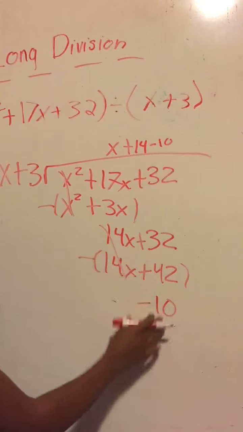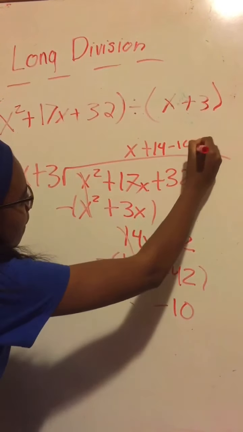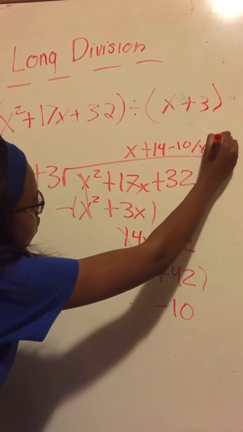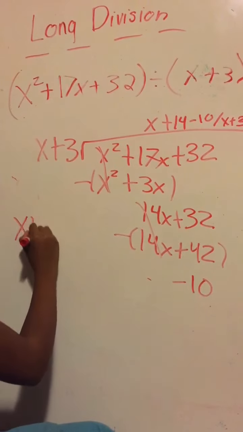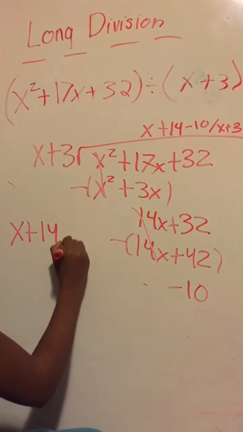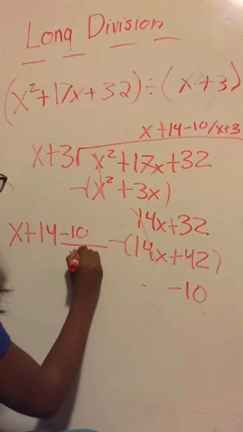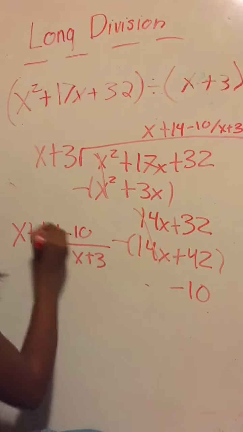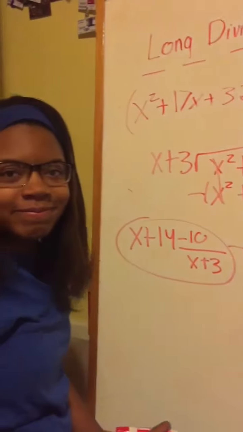And that's your remainder, so you're going to put it on top of the x plus 3. And your answer is x plus 14 minus 10 over x plus 3. And that is how you solve a long division equation.